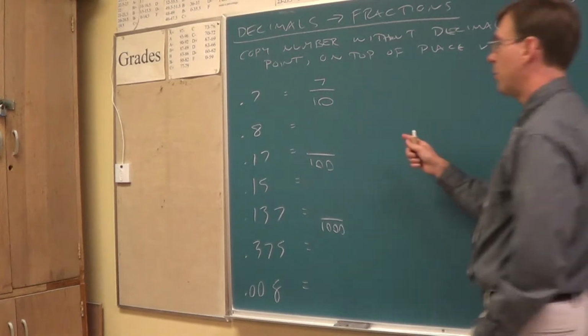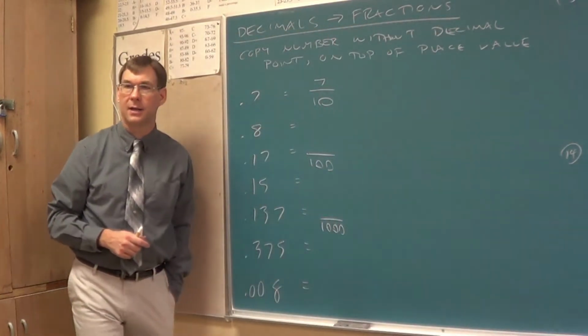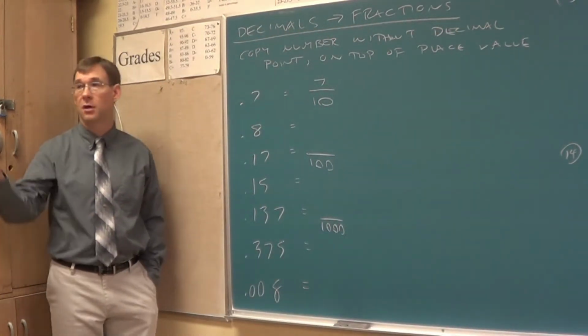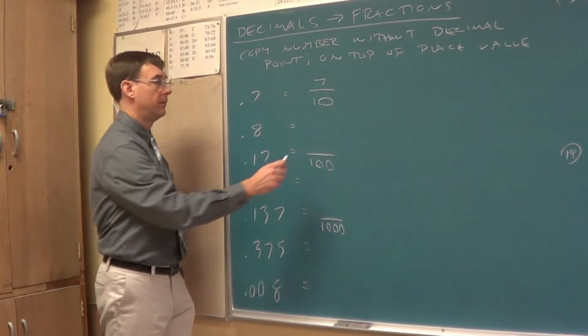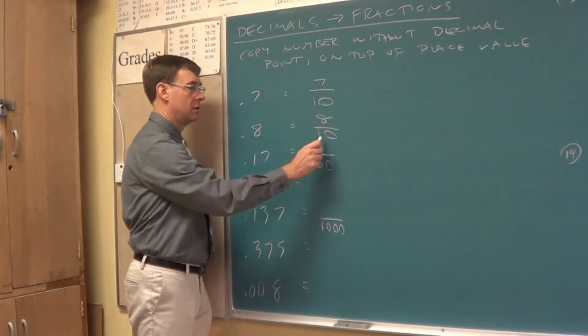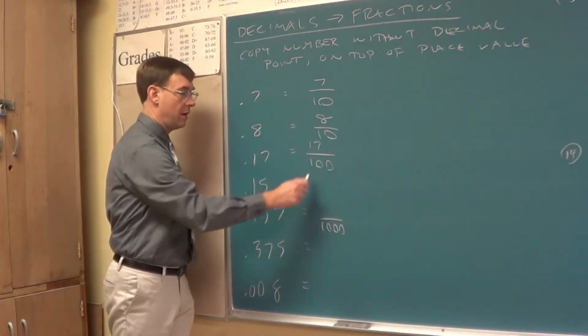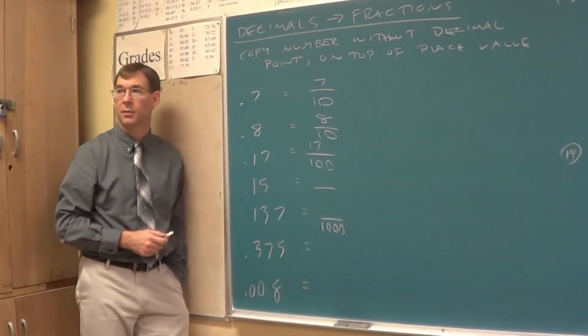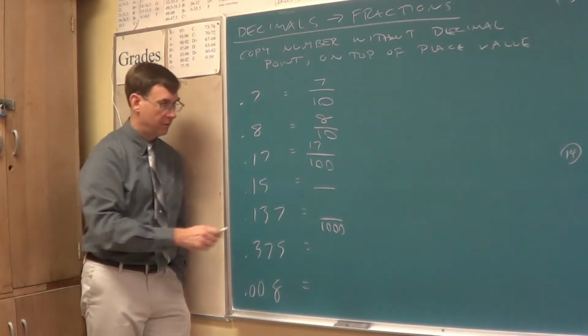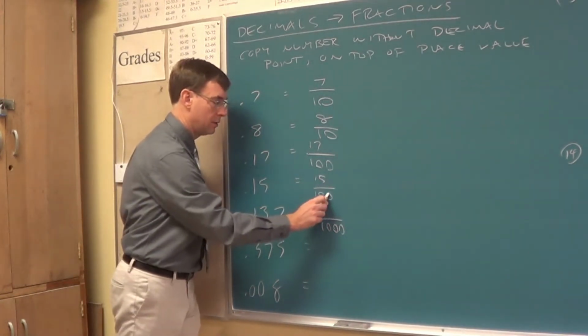So somebody jump in with 0.8. Any kind of question or thought on 0.8? 8 over 10 is good for us. Somebody jump in on 0.17. 17 over 100 is good for us. Somebody jump in, 15 over 100 is a win.